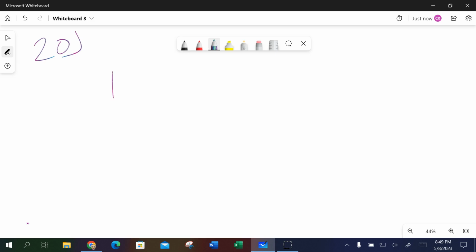Since we know P is equal to mv, and we know the mass of both carts given, so P of 1 is equal to 10, P of 2 is also equal to 10. Well, for P of 1, the cart's mass is just 1, so we can just divide by 1. We get our velocity is equal to 10.